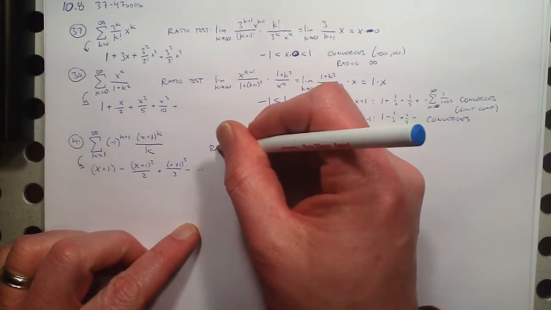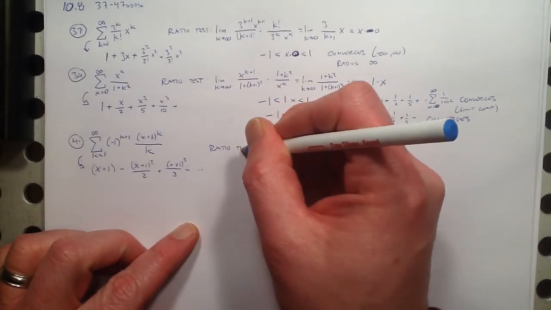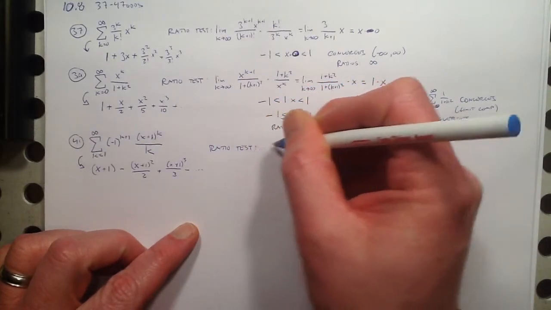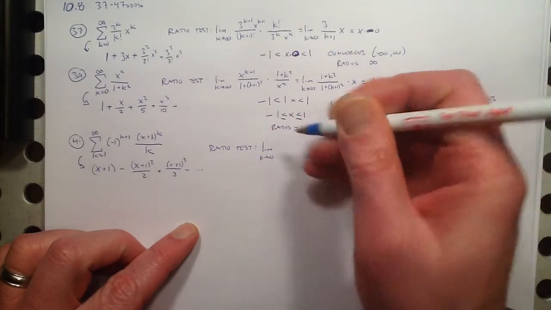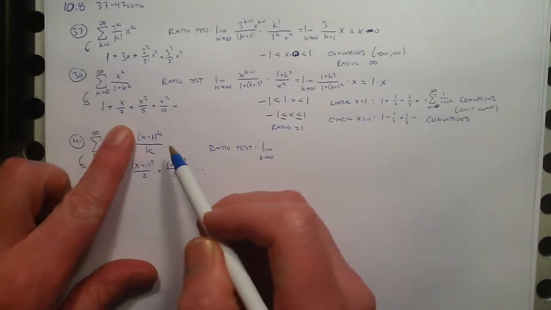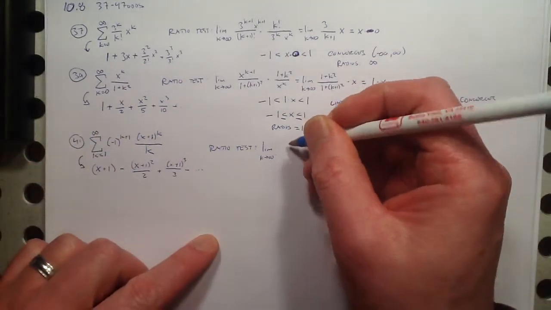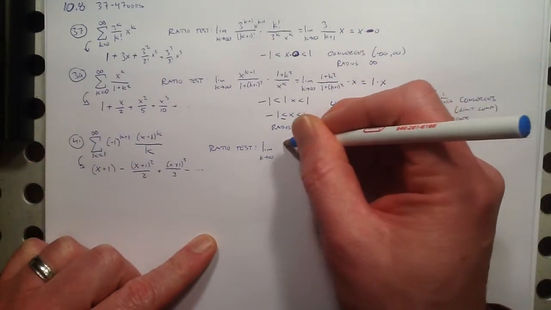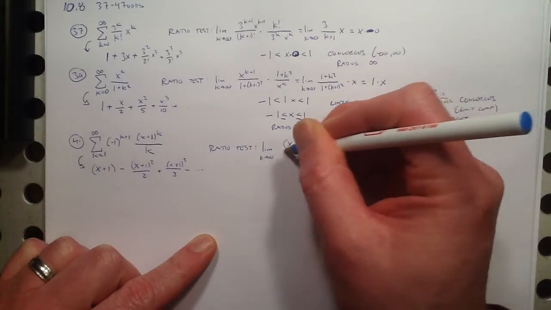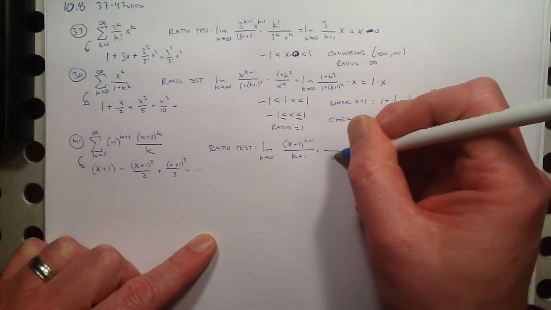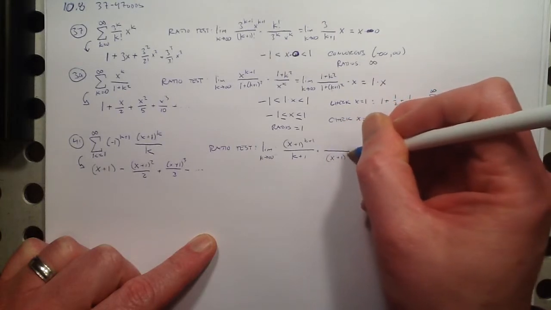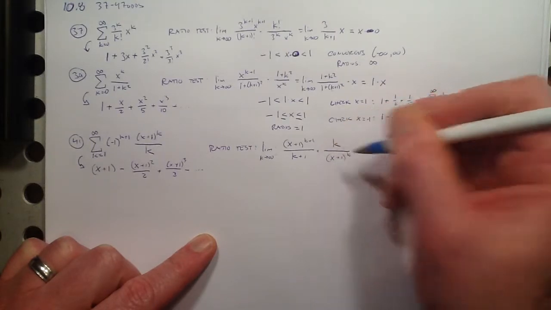Let's see what happens. We do the ratio test. That's the limit as k approaches infinity. I'm going to ditch the sign flipper for the purposes of the ratio test. So x plus 1 to the k plus 1 over k plus 1 times x plus 1 to the k there.